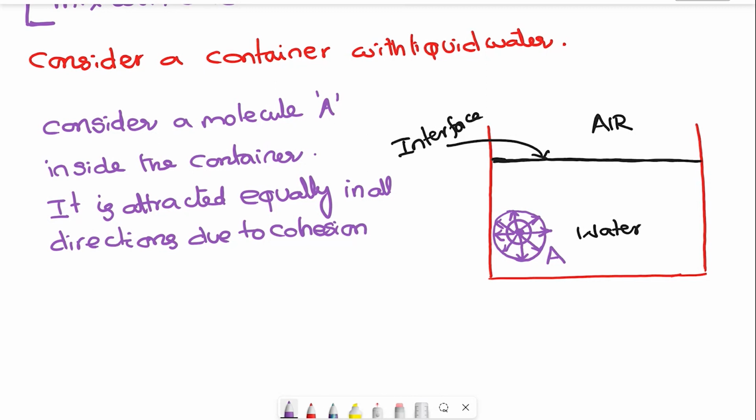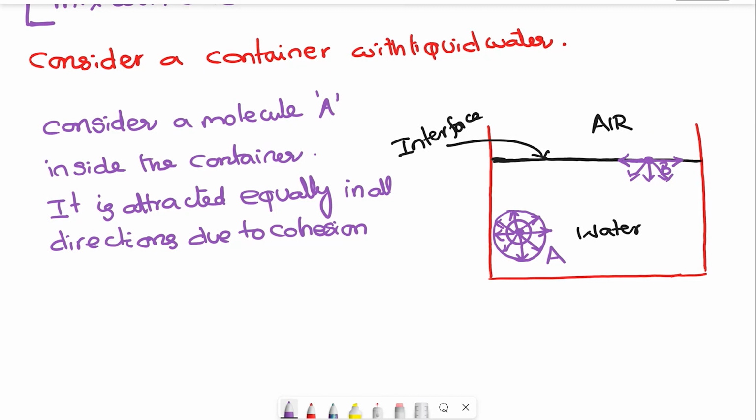For example, I consider a molecule here, V. See, this molecule is attracted like this on this side, like this, like this, but above is what? Here are air molecules.